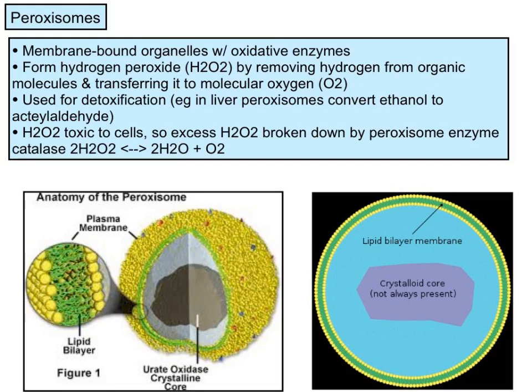Peroxisomes are used for detoxification. A good example is in our liver, where peroxisomes convert ethanol to acetaldehyde. And H2O2, it's important to note, is actually toxic to the cell. So once H2O2 is formed, it doesn't stay around as long as everything is functioning normally within the body.